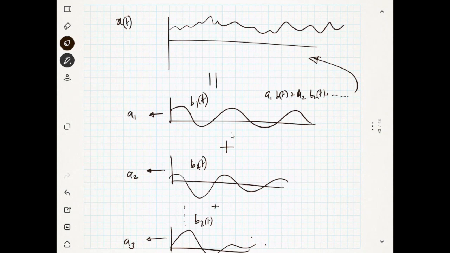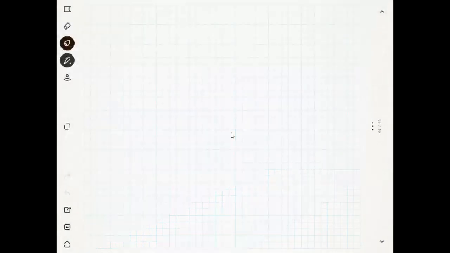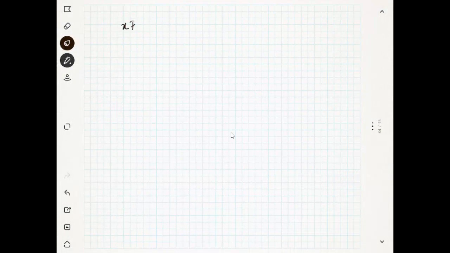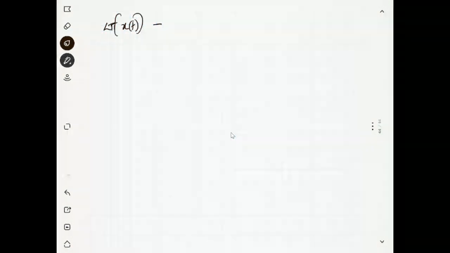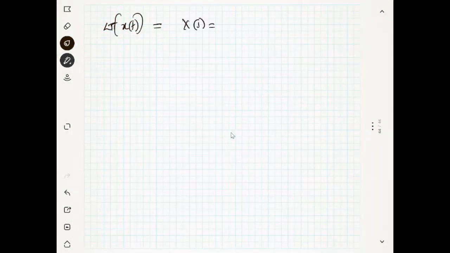You understood? So in Laplace transform, you are actually finding the Laplace transform of a signal x of t, which is equal to X of s. It is nothing but the integral from 0 to infinity of x of t into e power minus st dt.